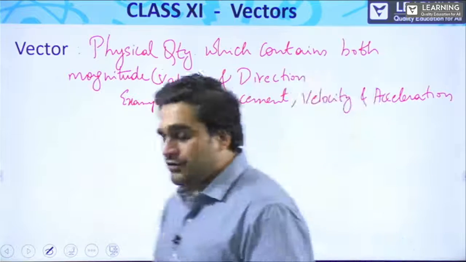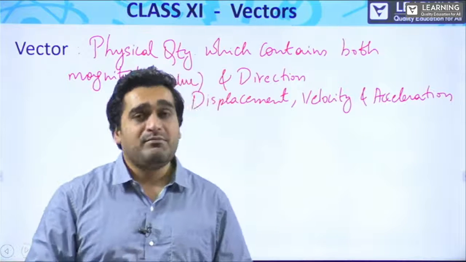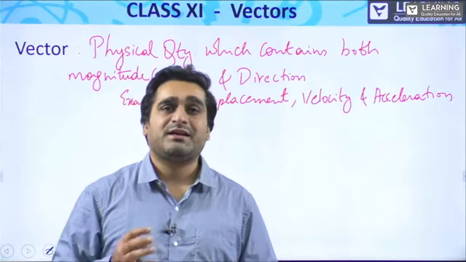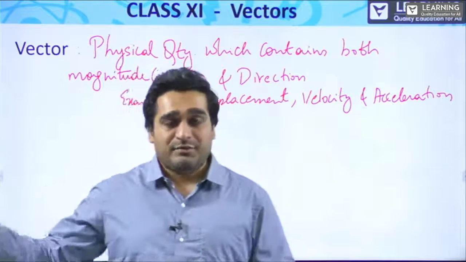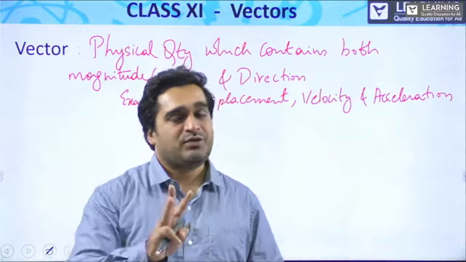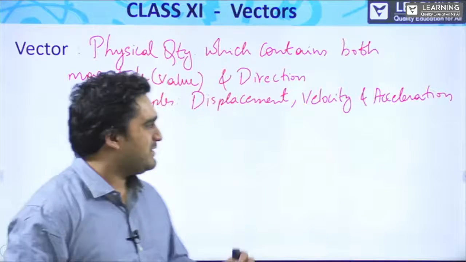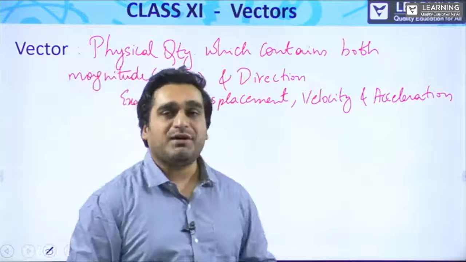Now, for your insight, there are many more physical quantities that come under vectors. But so far, from the previous session, we've discussed three particular physical quantities, such as these three that are mentioned here.